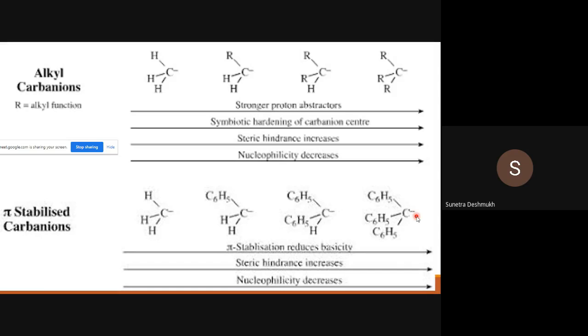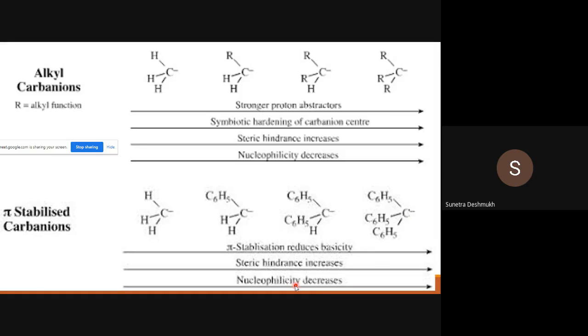Here, the negative charge on the triphenyl carbanion is not present on this carbon atom, because it is always delocalizing among the three phenyl rings. So as that charge is not available on this carbon atom, it acts as a weak base.